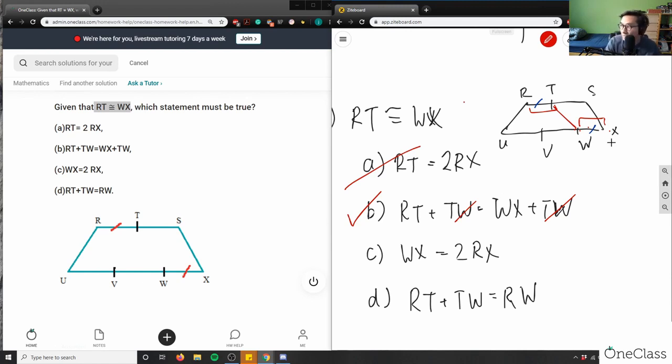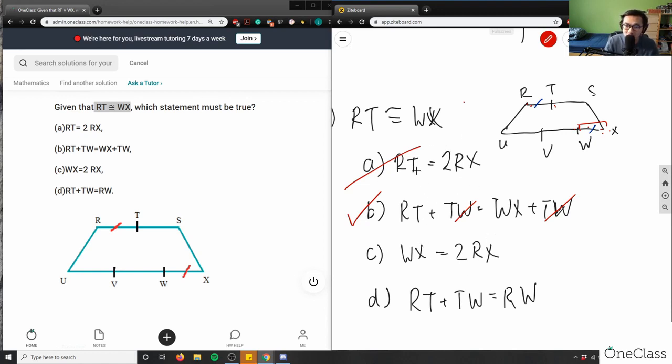I'm going to prove to you that C is false too. So let me erase these here. WX equals 2RX, so WX is here, and 2RX is from this point to this point. A and C have the same logic.